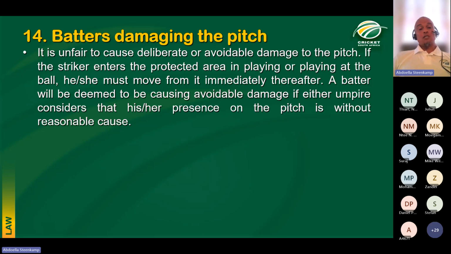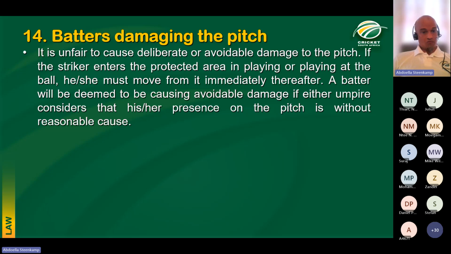What the law allows the striker to do is go into the protected area if he or she is playing a shot, like when a spinner's bowling and the striker double steps or triple steps to try to get to the pitch of the ball. The law allows for that. That's a reasonable cause why the striker is in the protected area.